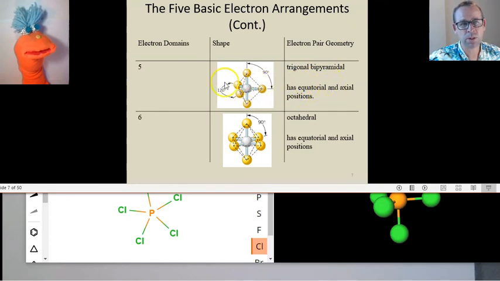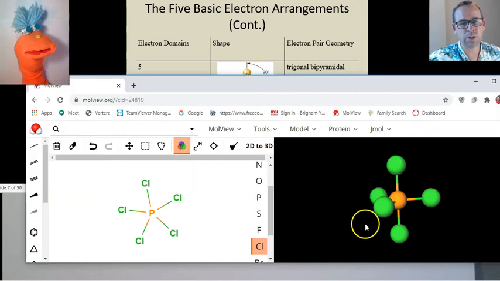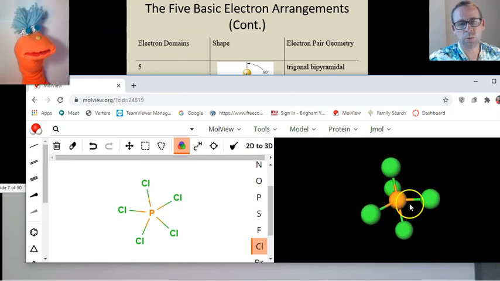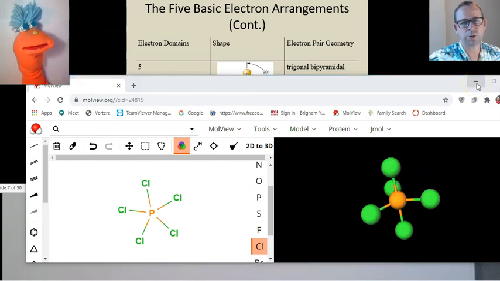Equatorial are the ones along the middle, and our axial ones are up and down. Axial, again, are 180 degrees from each other, 90 degrees from their equatorial neighbors. And the equatorial atoms are all 120 degrees from their equatorial neighbors and 90 degrees from their axial neighbors.